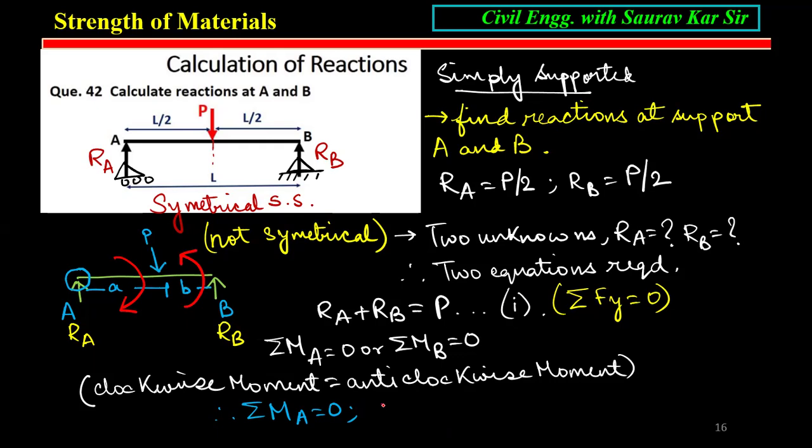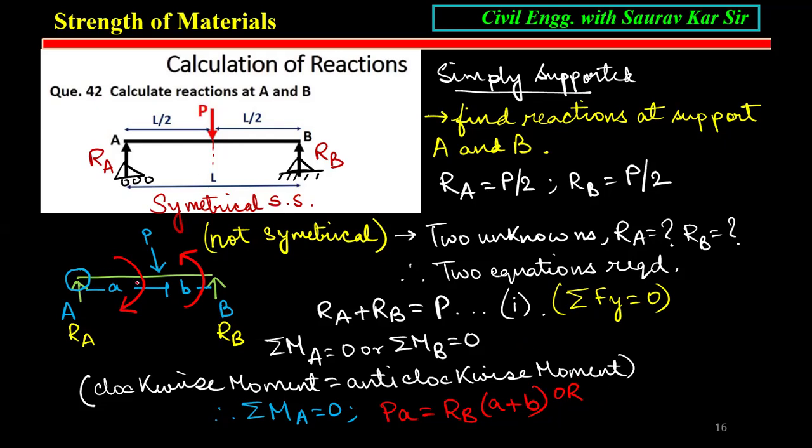So P into A, the clockwise moment, equals the anti-clockwise moment RB into A plus B. Either you can use this equation, or you can use the concept of bending moment.